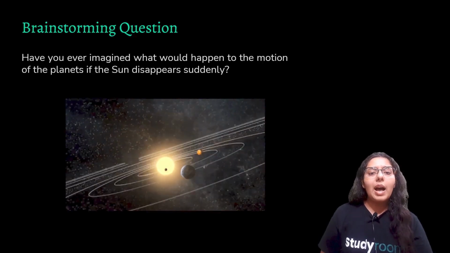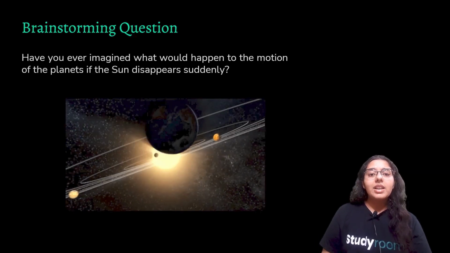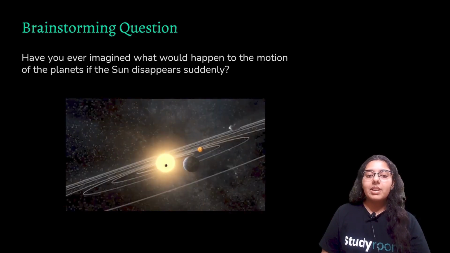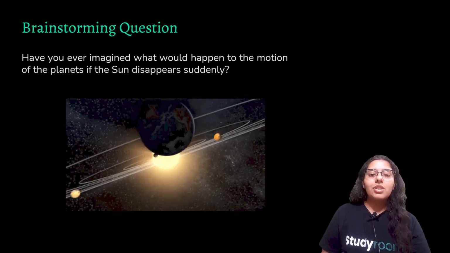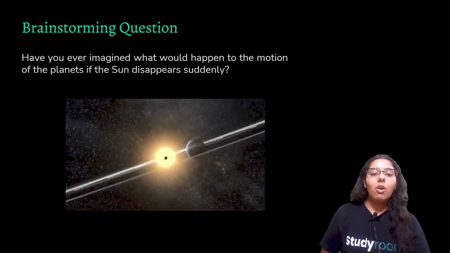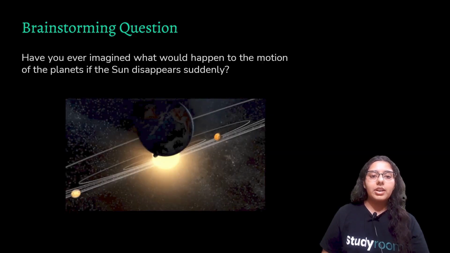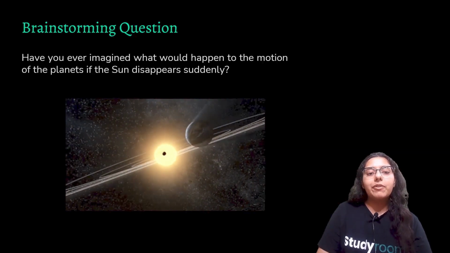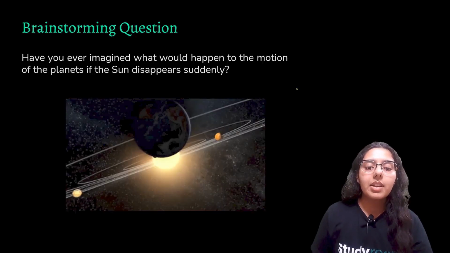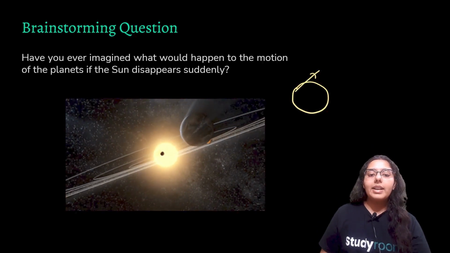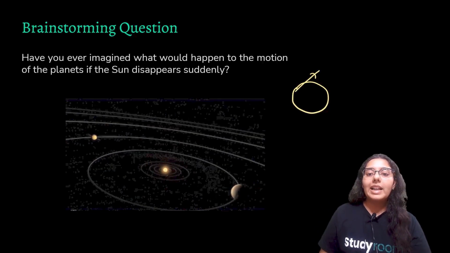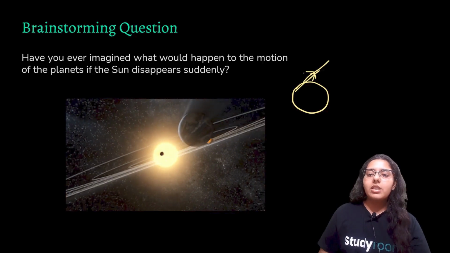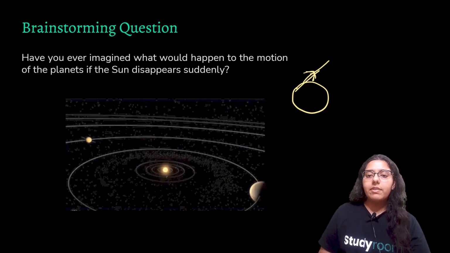If there is no circular motion taking place, they will deviate from their path and go in a tangential direction. We studied tangential direction, right? It is the line which is perpendicular to the radius at any instant. So planets will deviate from their original path, right?